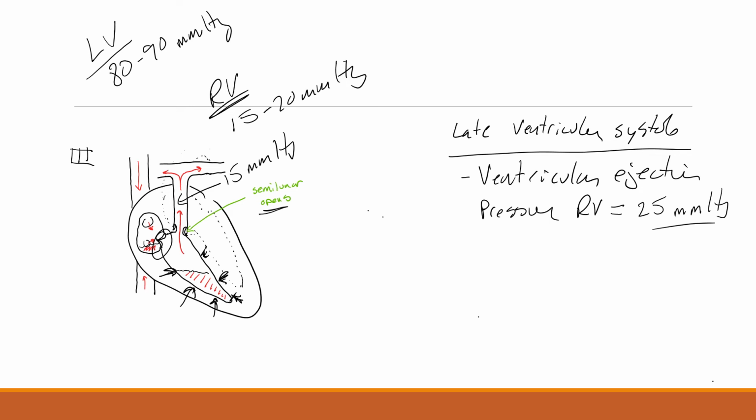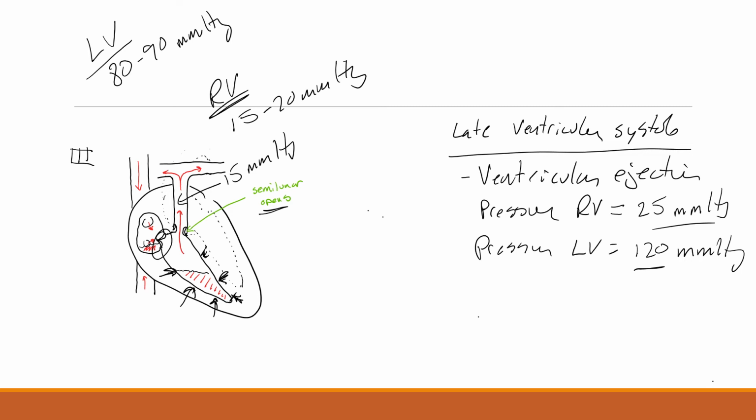So we're well above the threshold of about 15 or 20. The pressure in the left ventricle is going to max out at about 120 millimeters of mercury, which is well above 80 millimeters of mercury, which is the minimum amount to open up that valve. So that's the maximum pressure, about 120.